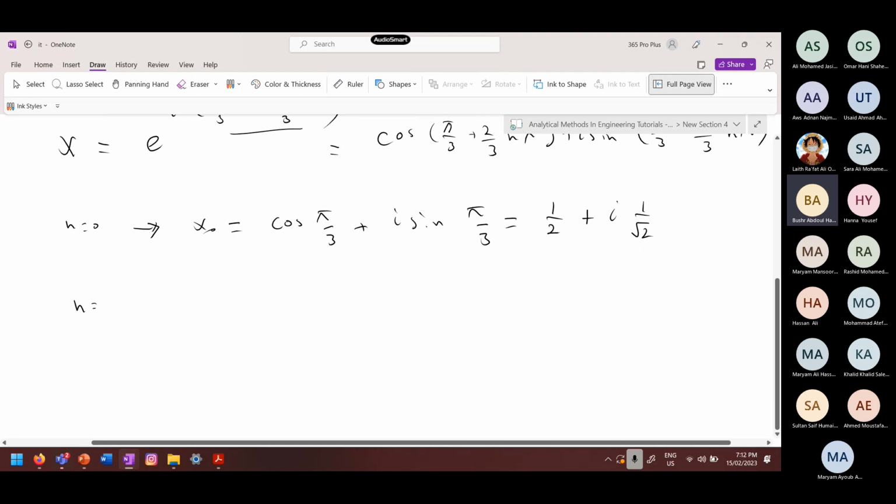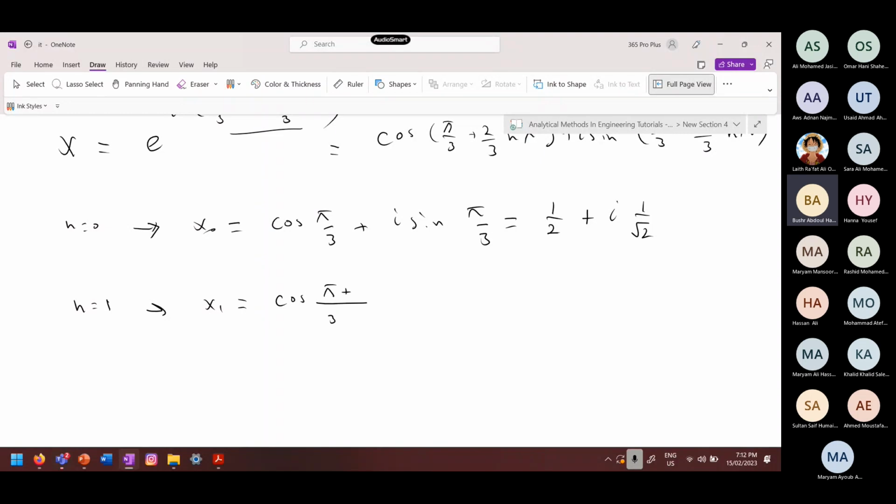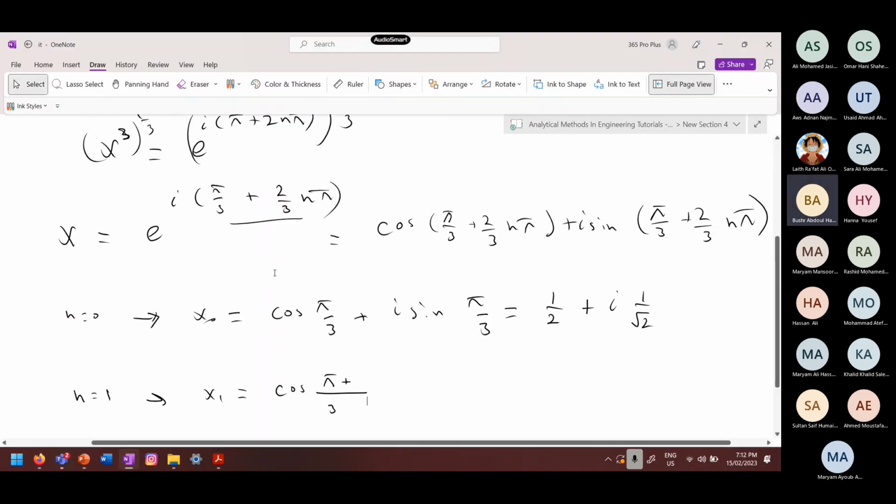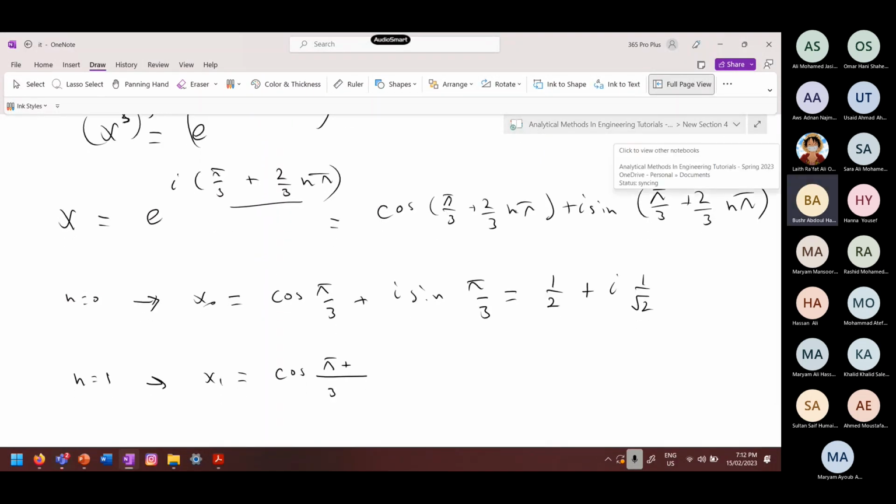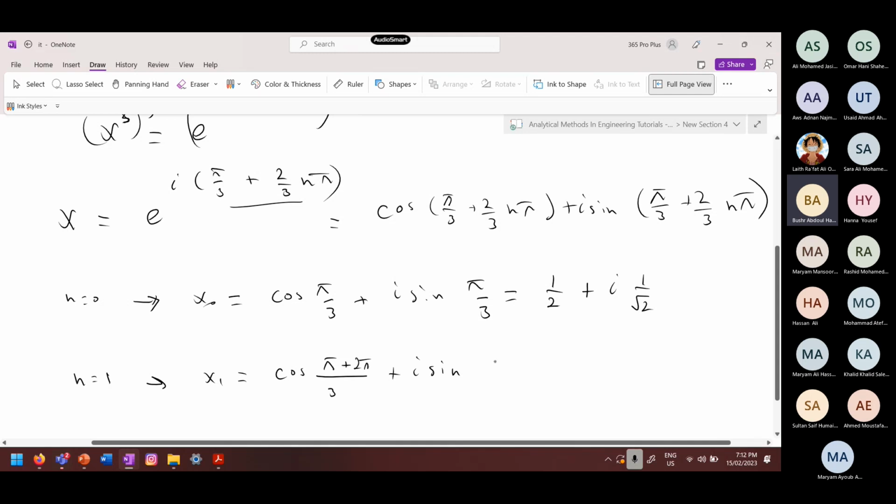Now you'll have n equal to 1. x of 1 will be equal to cosine of pi over 3 plus 2n pi. The 2n, n is equal to 1, so you have only 2 pi, plus i sine of pi plus 2 pi over 3.